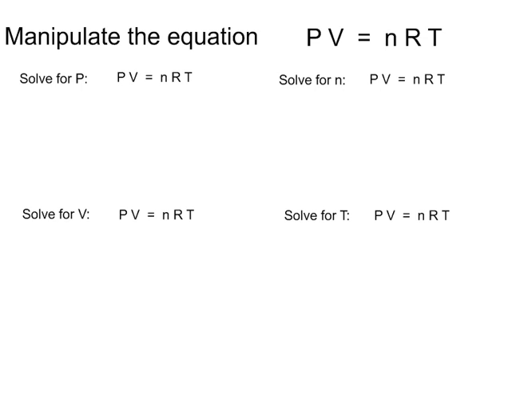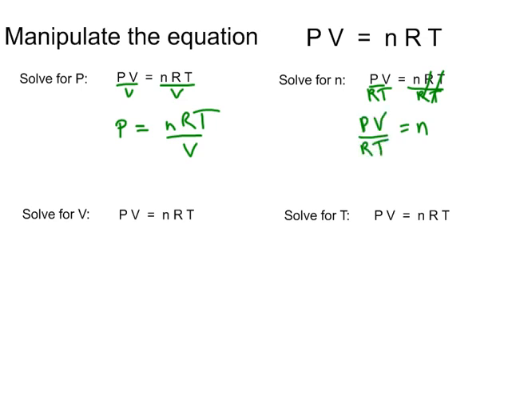So of course, to solve for P, if you're starting with PV equals nRT, to get P all by itself, you have to divide both sides of the equation by V, so this becomes P equals nRT over V. Then you can plug your numbers in for the particular problem. Solving for N, if you want N all by itself, you will have to divide both sides of the equation by RT. So N will end up being PV over RT.